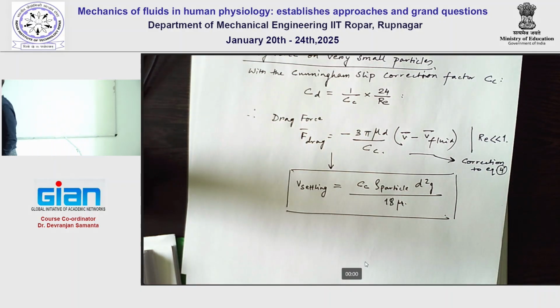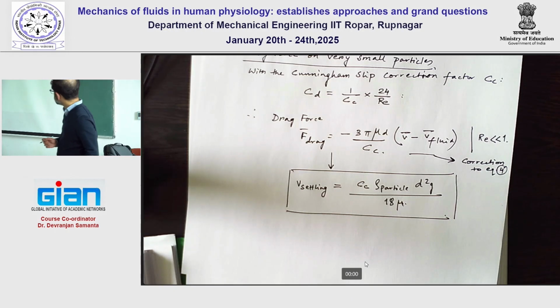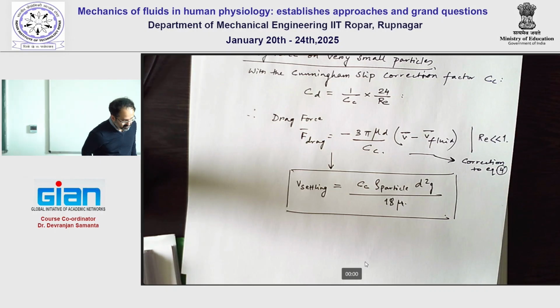Now there should be a way to calculate this Cunningham slip correction factor, and it is a function of the mean free path.